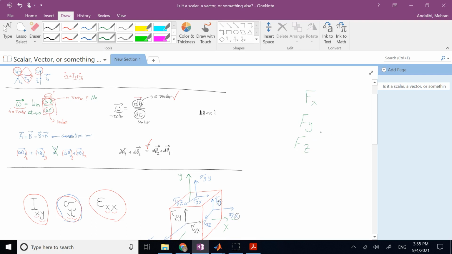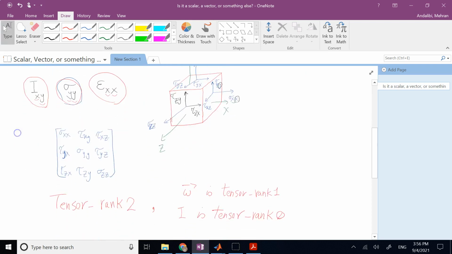And one of the things we have in robotics that has 3 subscripts is called Christoffel symbols of the first kind, which we use in the dynamics equations of a robot manipulator.